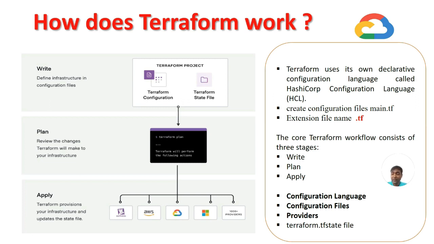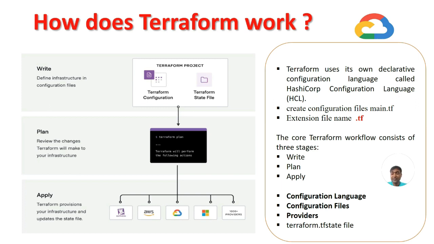Thirdly, in the apply stage, after reviewing the plan, you can execute the changes by running the terraform apply command. Terraform then communicates with the cloud provider API to create, modify or delete the necessary resources. It brings the actual infrastructure state in line with the desired state defined in your configuration file.